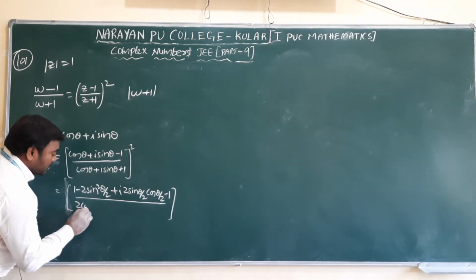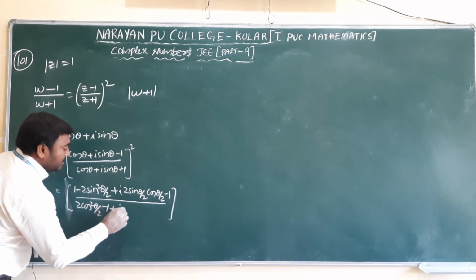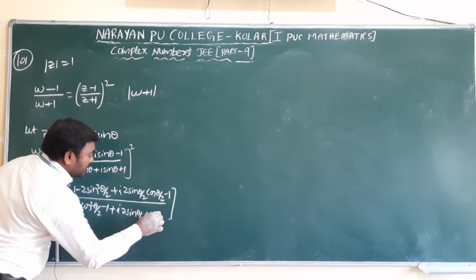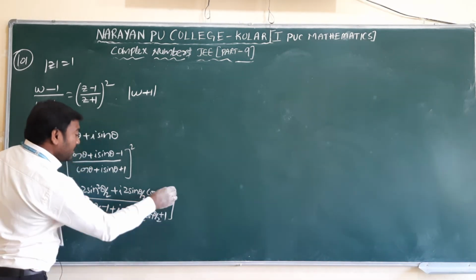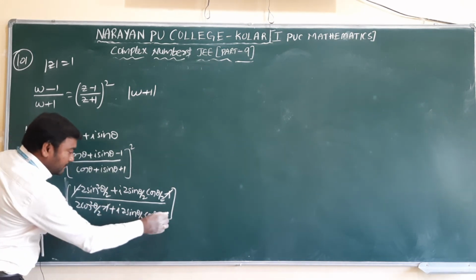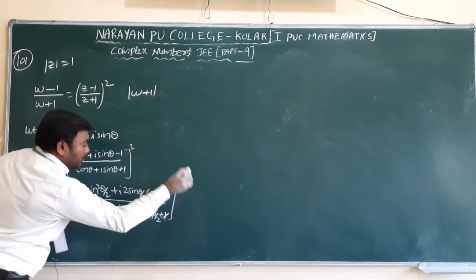Now 2 cos square theta by 2 minus 1 plus i into 2 sin theta by 2 cos theta by 2 plus 1. Here minus 1 plus 1 get cancelled, whole square.